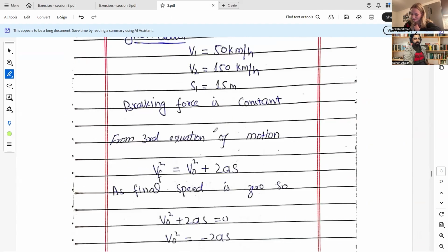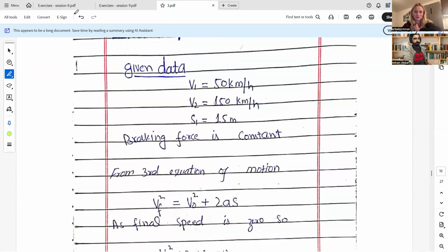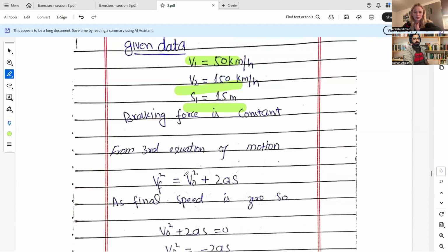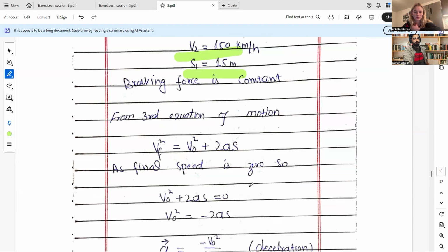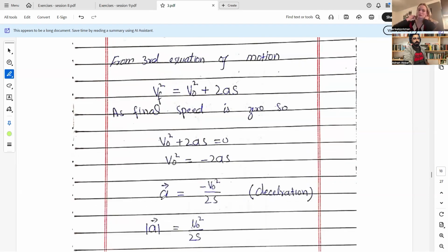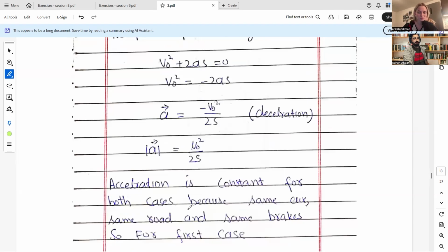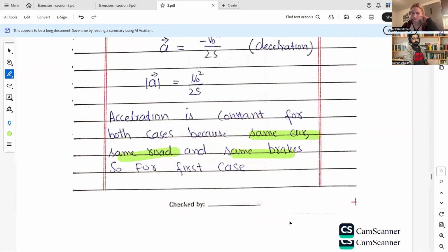Okay, here you need to have a look. Given velocity for both cases, what you have to calculate is the second distance from the third equation of motion, putting the values, simplifying, isolating the acceleration, as the acceleration will be the same in both cases because it is the same car, same road, same brakes applied.